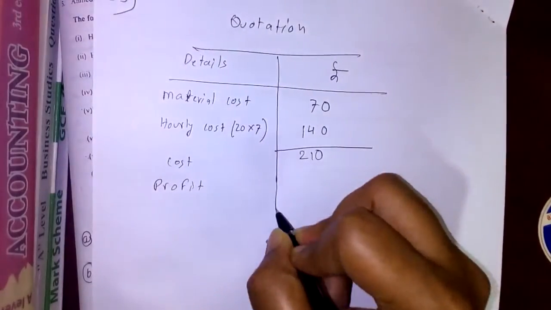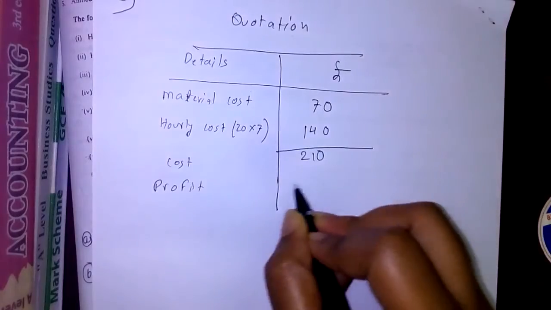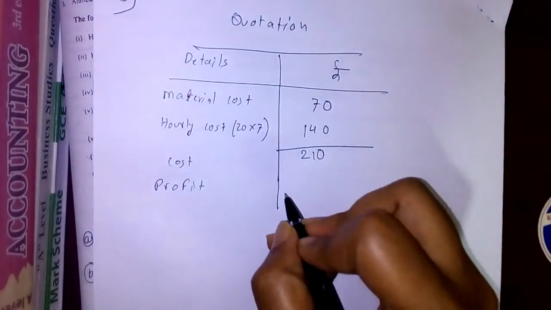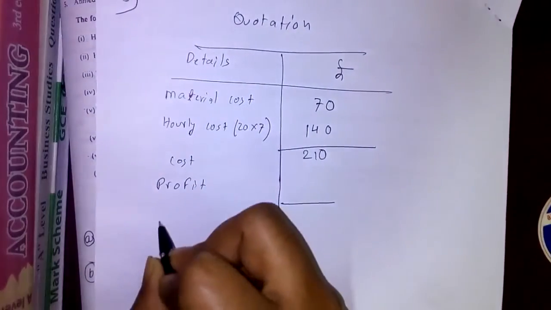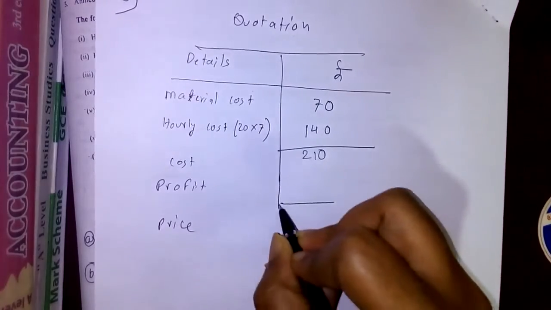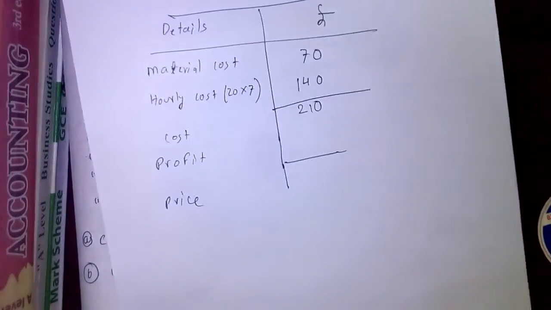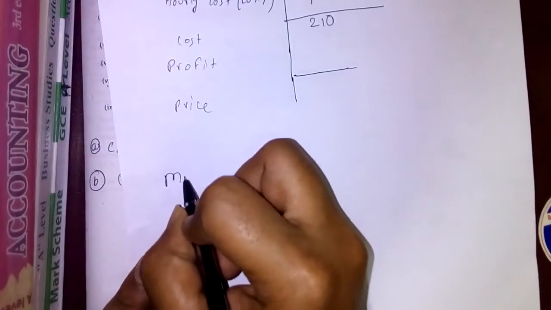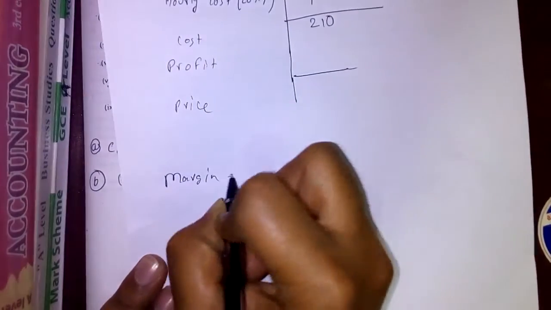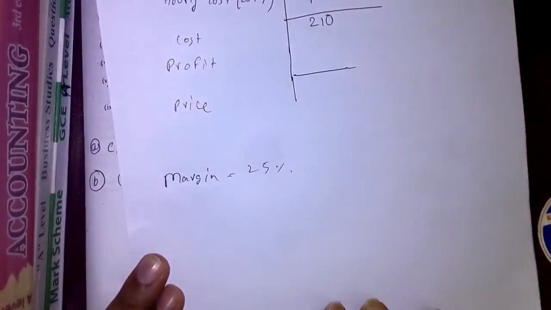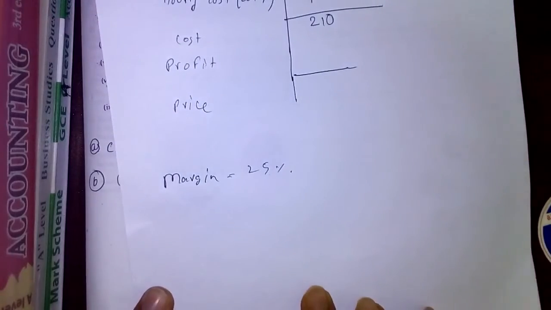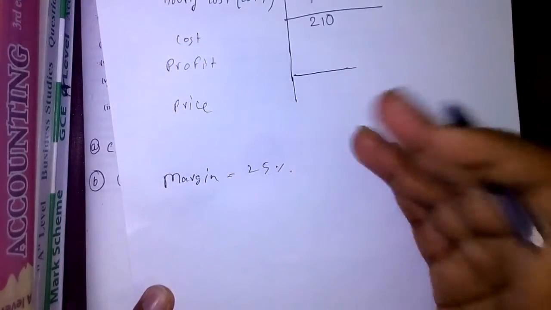So the profit, I'll keep this blank now, you'll know later. And once we add the profit, we're gonna know the quotation price. Alright, so the information given here is margin 25%. Now the thing is, profit should be 25% of the sales.